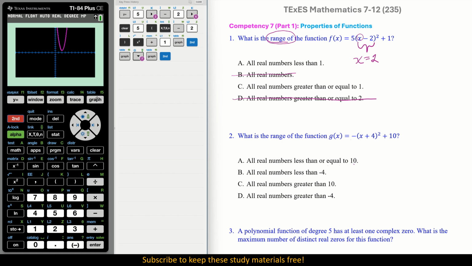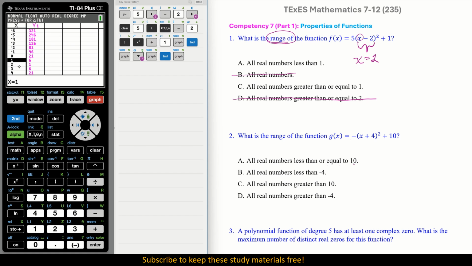So second graph, I was just making sure. Yes, 2 and 1. So here's 2 and here's 1. We know that we need to measure with 1. Here's the issue: A says all real numbers less than 1. No, it would have been everything above 1.